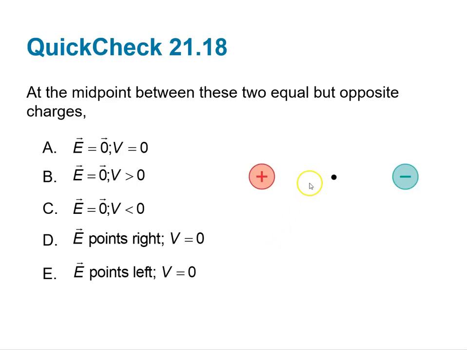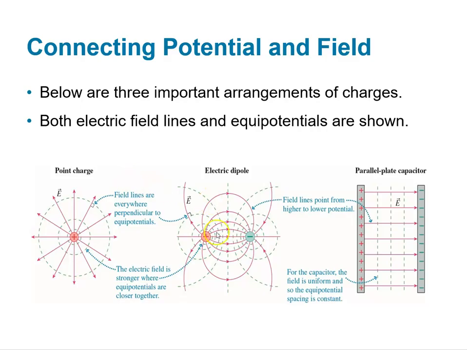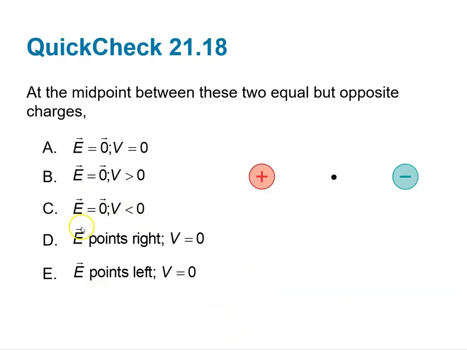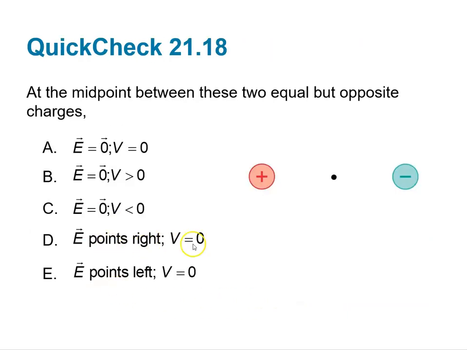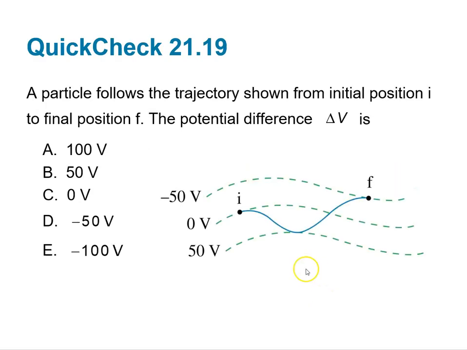It says at the midpoint between these two equal but opposite charges. So here's the midpoint between these two equal but opposite charges. The electric field always goes from positive to negative, so it's going to point from left to right, but the electric potential is actually 0 between those two.